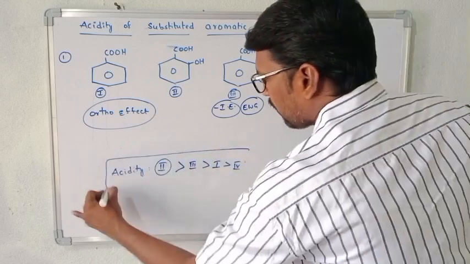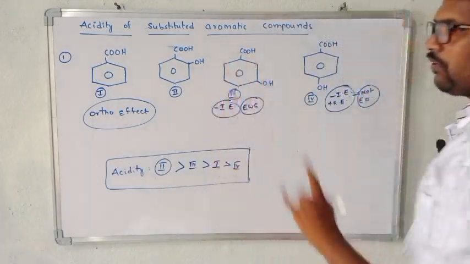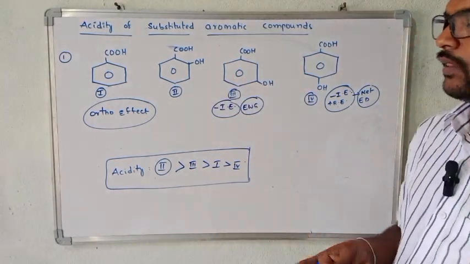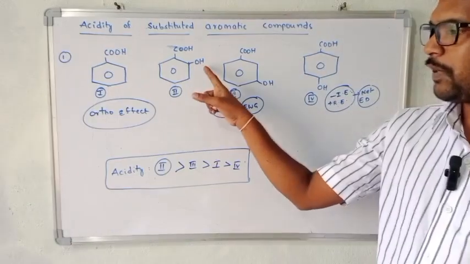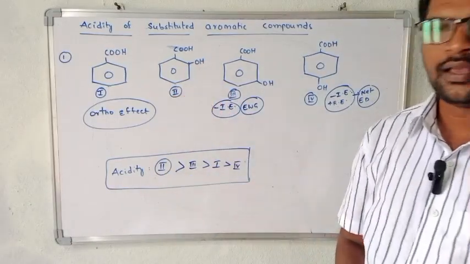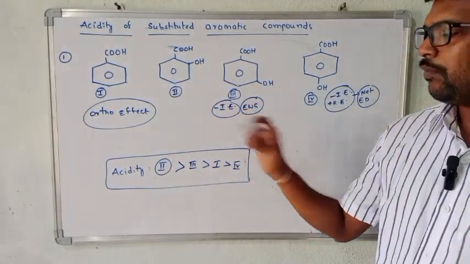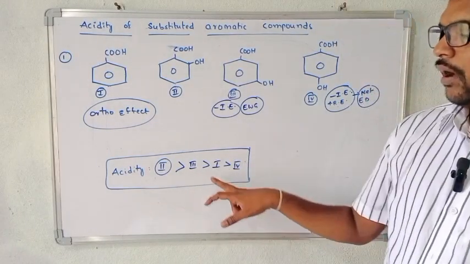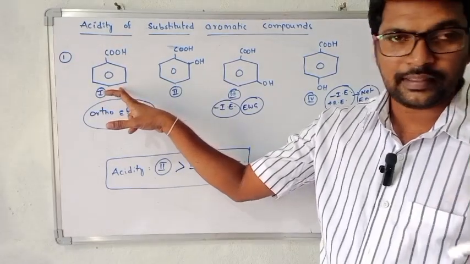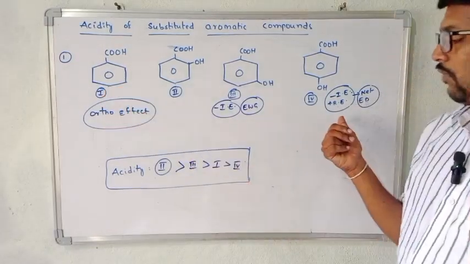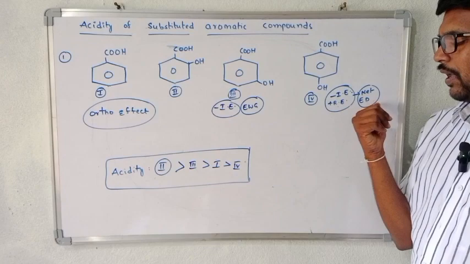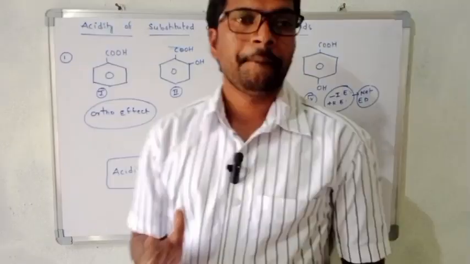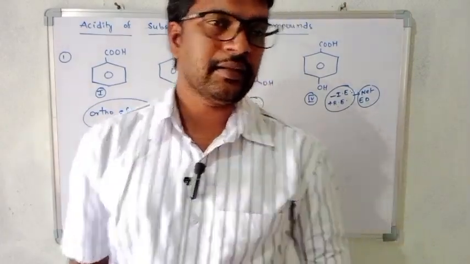So this is the order. Whenever COOH is present on a benzene ring, it is benzoic acid, and the OH group can be present as a substituent. Their acidity order is ortho first, irrespective of the group. After that, at the meta position only the minus I electron withdrawing effect is present, so we take meta next. Then we take the standard condition, neither plus I nor minus I. At the para position, electron donating capacity is present, and electron donating gives less acidic nature.